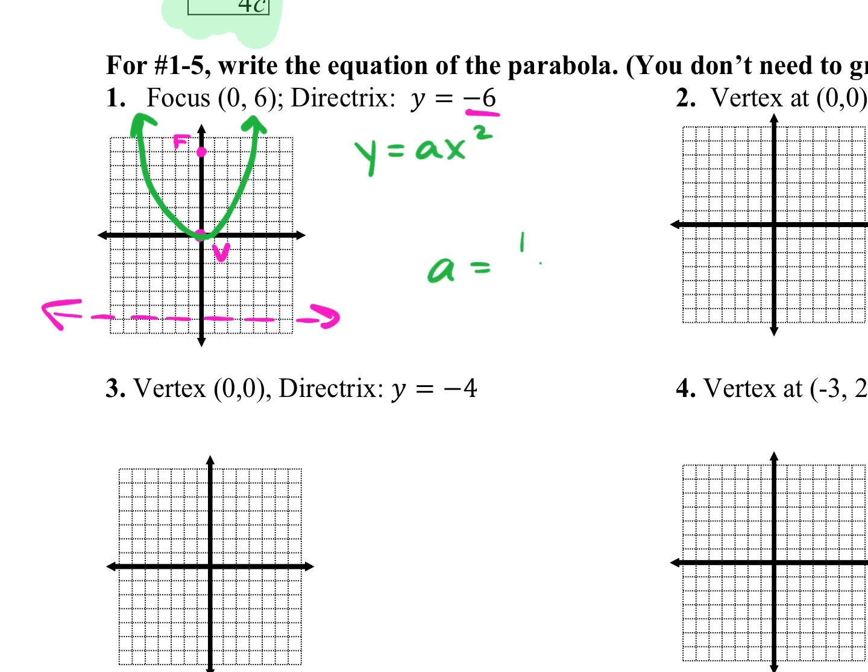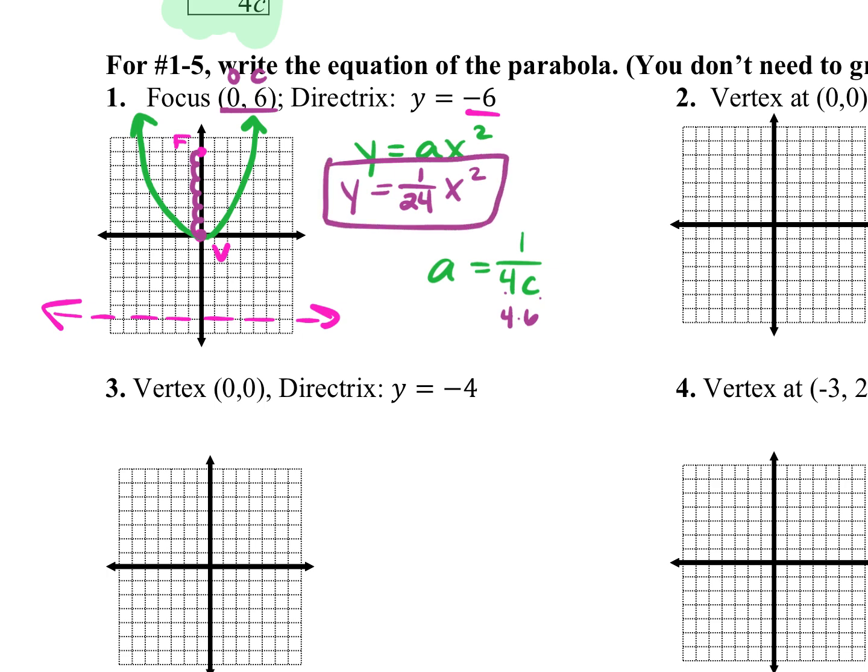A is always 1 over 4 times C. C is always from the vertex to the focus. 1, 2, 3, 4, 5, 6, or 0, C. So you're doing 1 over 4 times 6 is 1 over 24 times x squared. So this will be your equation.